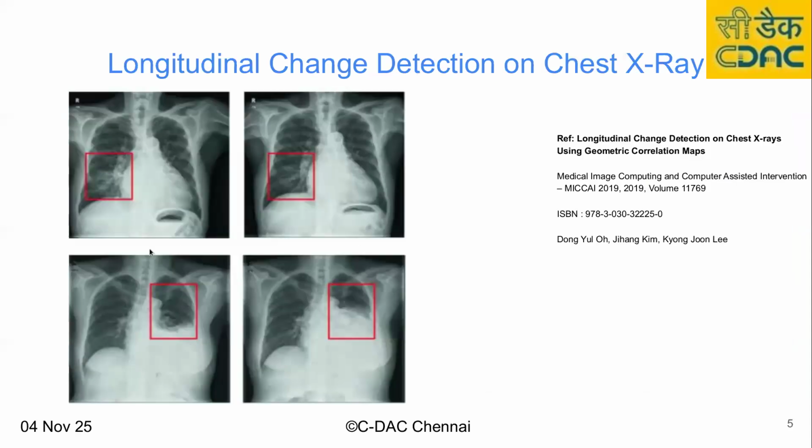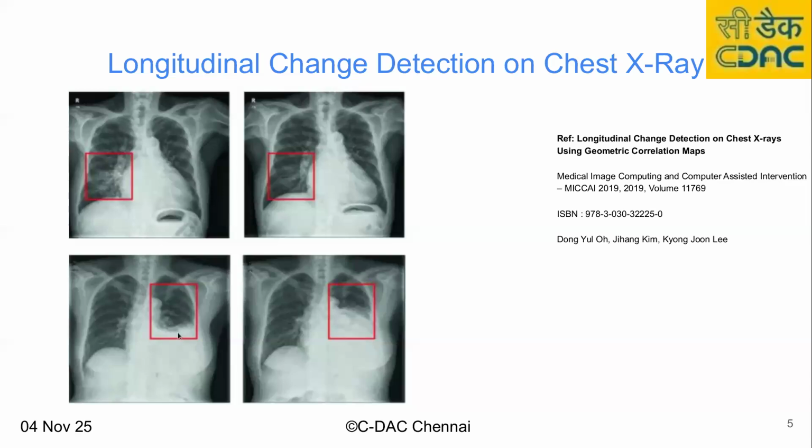Specific to longitudinal change detection, I have shown one example here. Here we are seeing lung lesions in this red box, and by using AI object detection algorithms, we are able to detect lung lesions on the first X-ray image of the patient. After 3 months, the X-ray image of the patient is taken again, and here we see the lung lesions have reduced. So the disease is getting reduced.